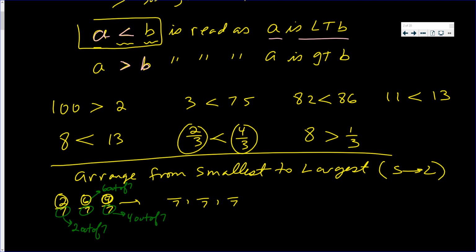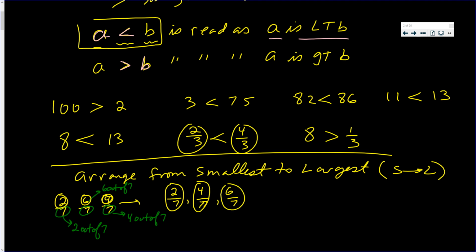The person who got the lowest grade is the one who got the smaller number of questions right. But they have to be out of 7. So it's going to be 2, 4, and 6. This student, 2 over 7, is the smallest fraction. This is bigger, and this is even bigger.